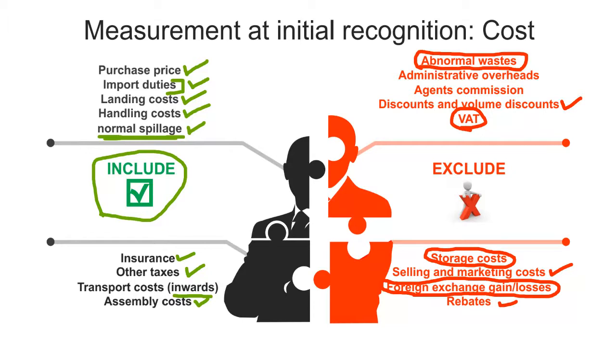It needs to be recorded in a separate account. That is because that specific cost was not necessary for us to incur. It was incurred as a result of us buying from a foreign supplier, not because of the inventory. Okay, so we'll talk about that just now.